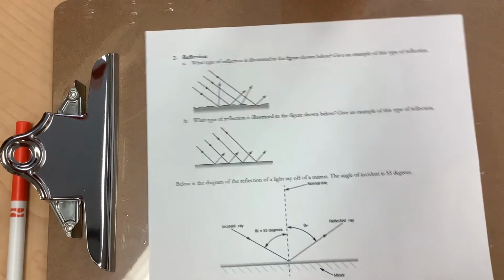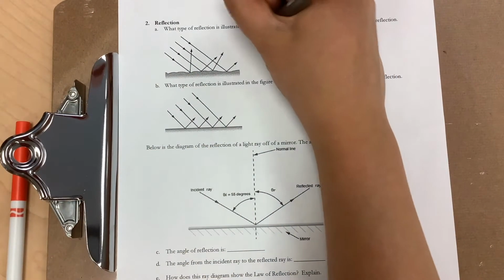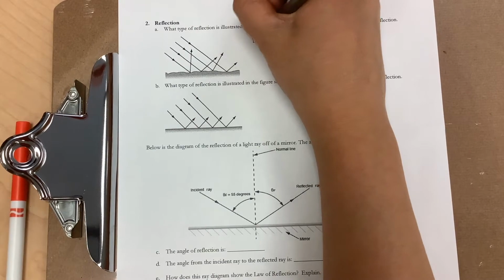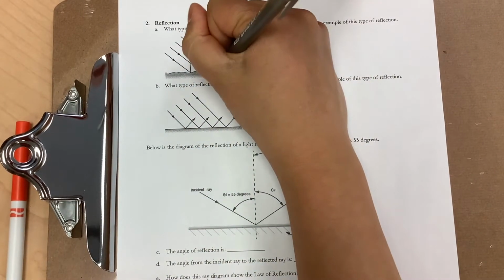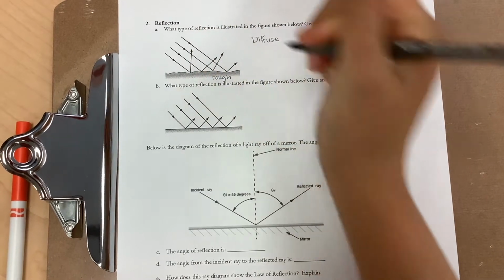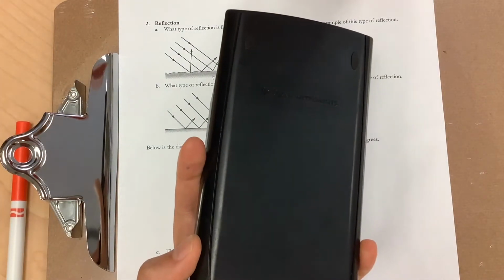These are 2 great pictures that would be awesome for your note sheet. The one on the top is diffuse reflection, and this is diffuse because it's a rough surface. Examples of diffuse reflection would include things like this calculator.